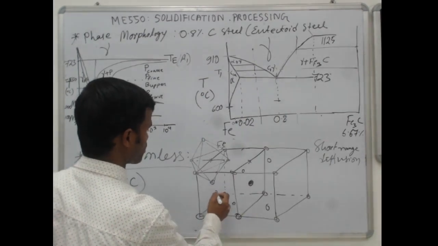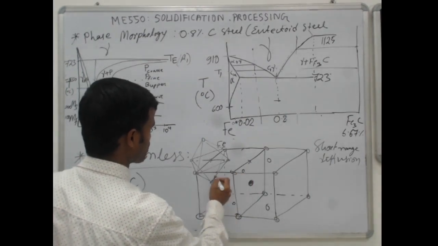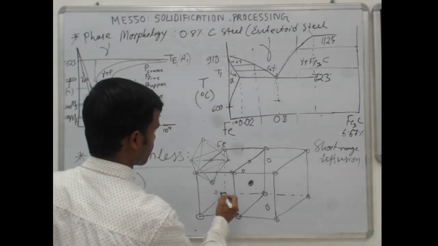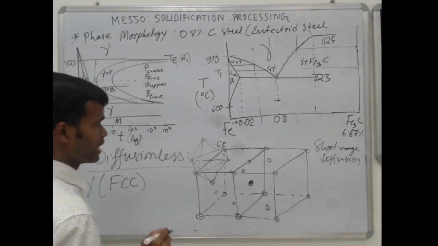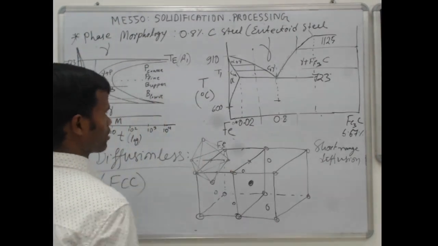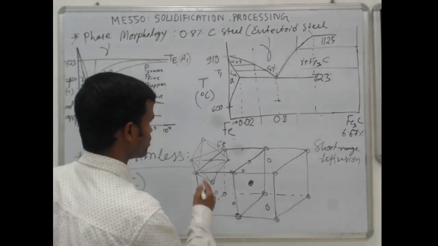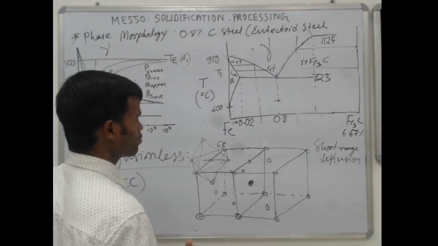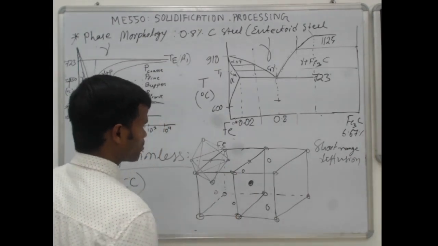So it makes another octahedral position. Anyway, now this is FCC, how does it get converted to BCT.